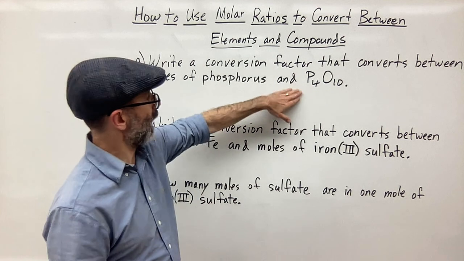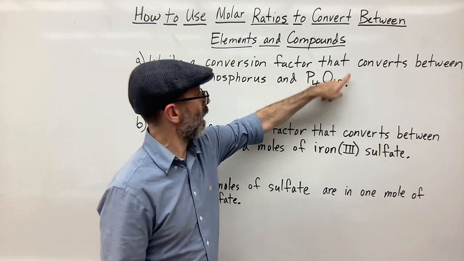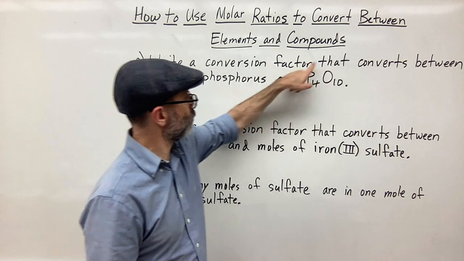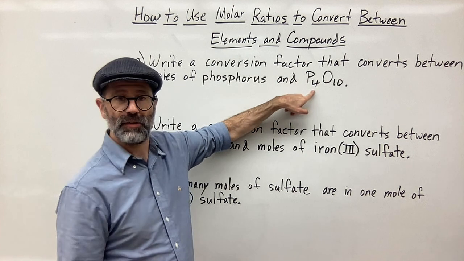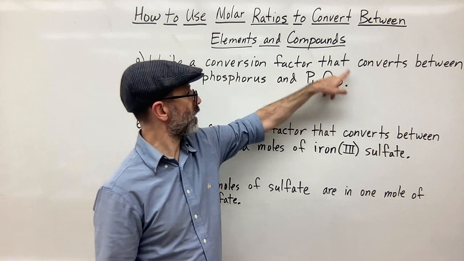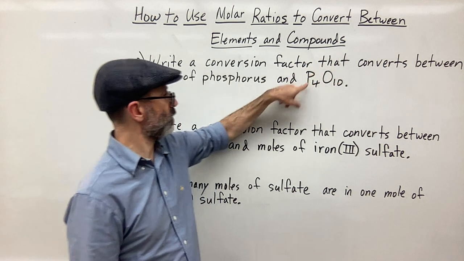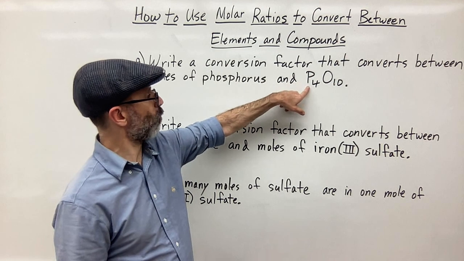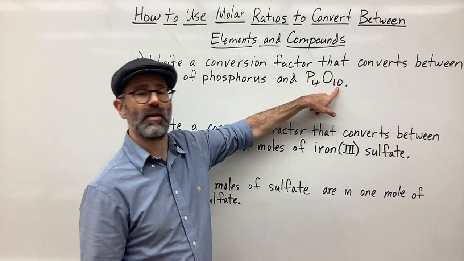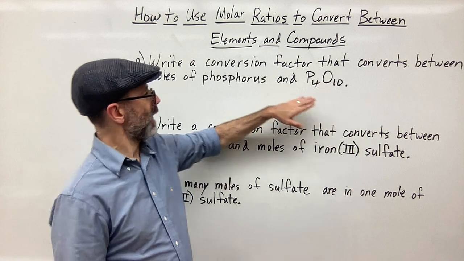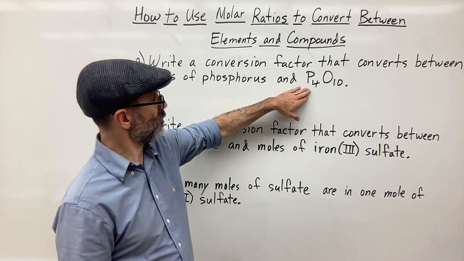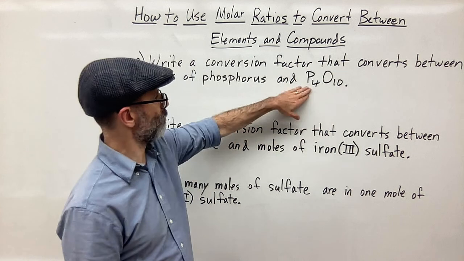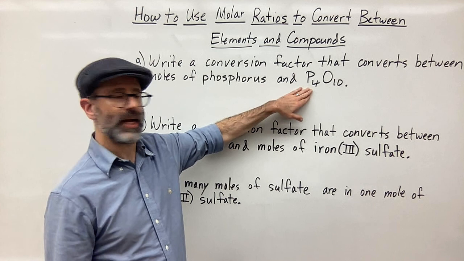As you can see, for every one molecule of this substance, I have a certain number of phosphorus atoms, that's 4, and a certain number of oxygen, 10. And that ratio for phosphorus doesn't change, right?